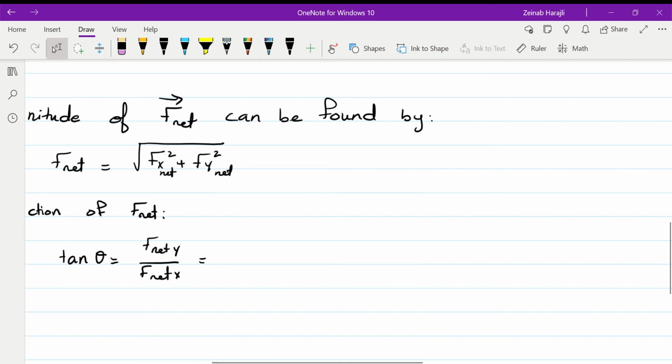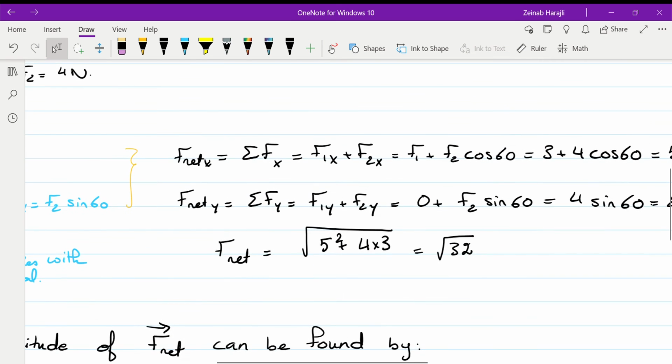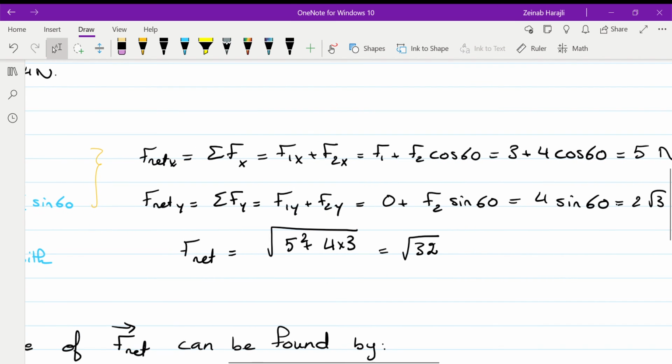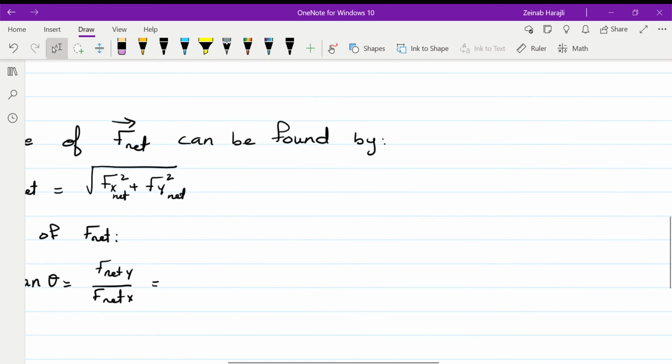So here F net y was 2 radical 3, and F net x is 5. So this is 2 times radical 3 over 5. This gives us 0.69.